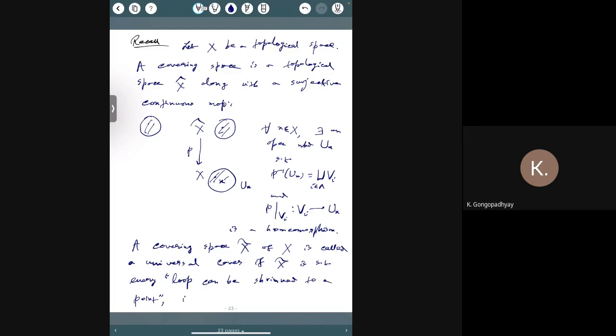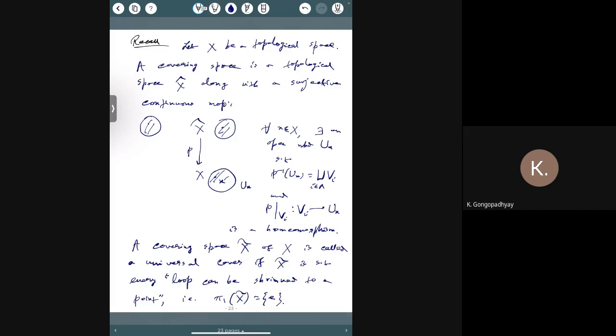That is, the fundamental group of X tilde is the identity. So a simply connected cover of X is called a universal cover of X. As you can see from this definition, the fundamental group of a topological space is closely related to the theory of covering spaces.